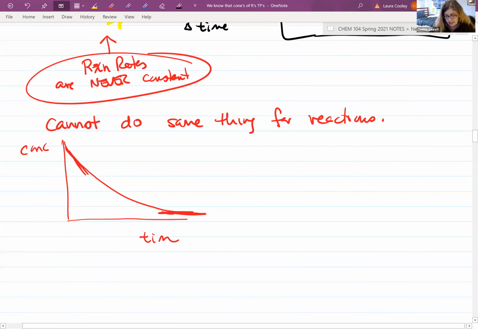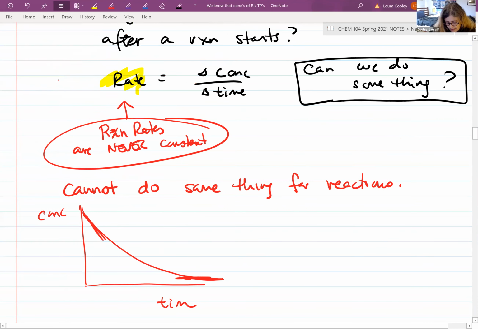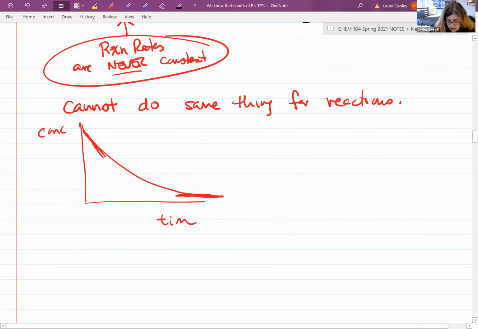Okay, but here's the thing. We have this problem because the rate is not constant. But let me tell you that there was an entire branch of mathematics that was invented to deal with rates that vary over time and solve problems in such cases.